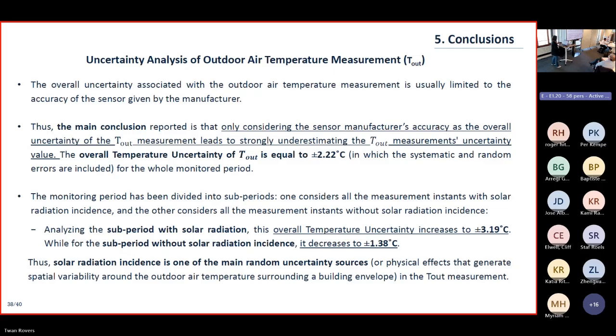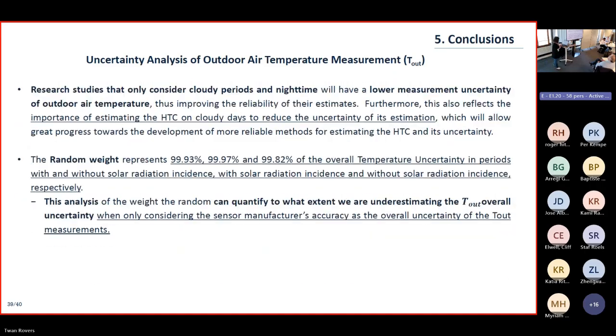The main conclusion is that if they only consider the sensor manufacturer accuracy as the overall uncertainty, they strongly underestimate the overall uncertainty. For the work period this value is 2.22. And when we do the sub-periods with solar radiation gains, we have different values, and the main conclusion is that solar radiation incidence is one of the main random uncertainty sources.